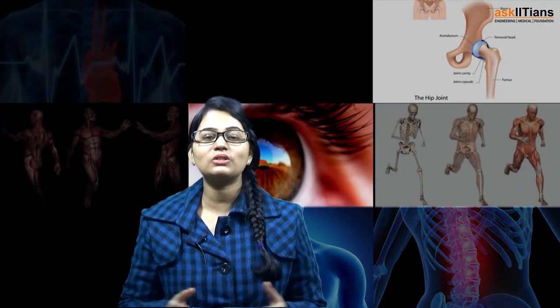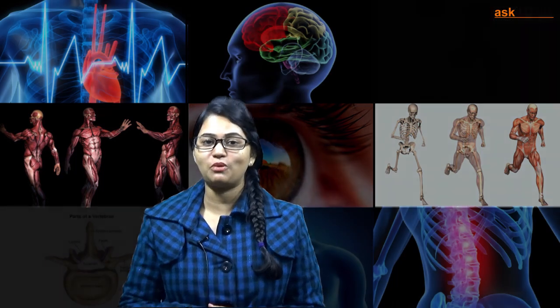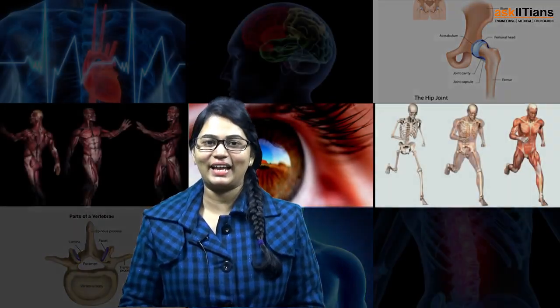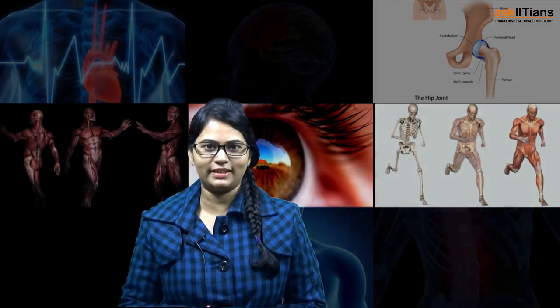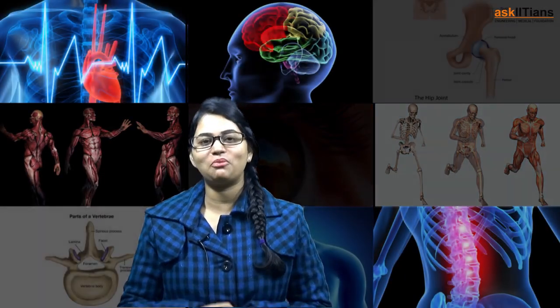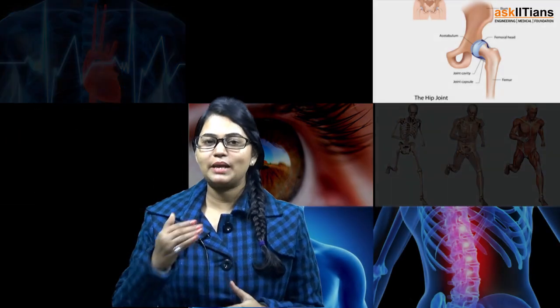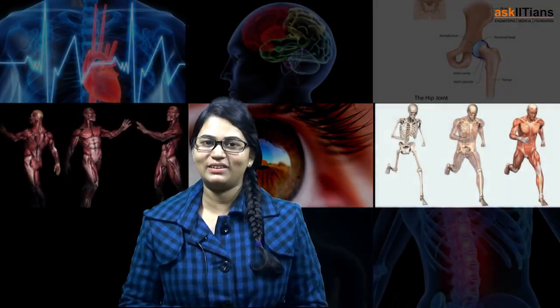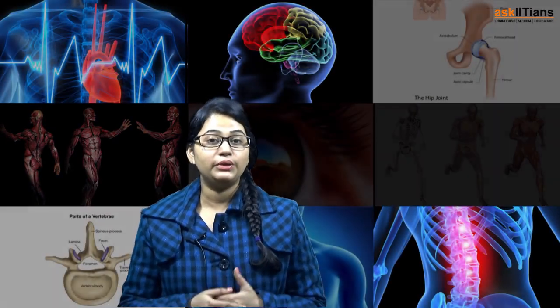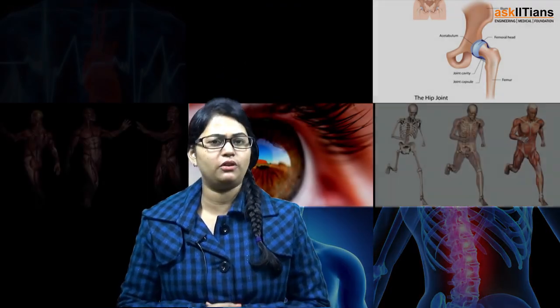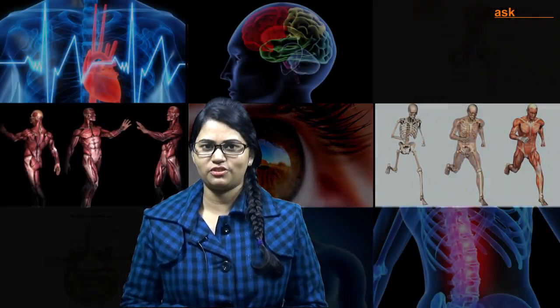And we have also seen through the video how many types of bones are found in the appendicular skeleton. Hope you have understood this completely and clearly and now you will not forget it in the future.